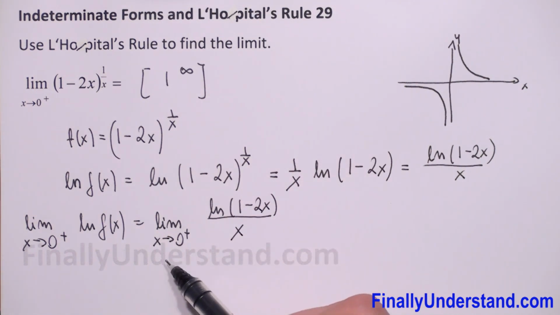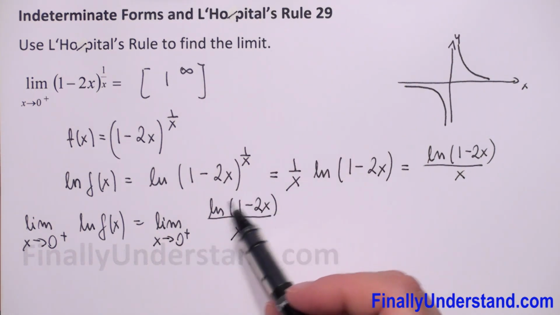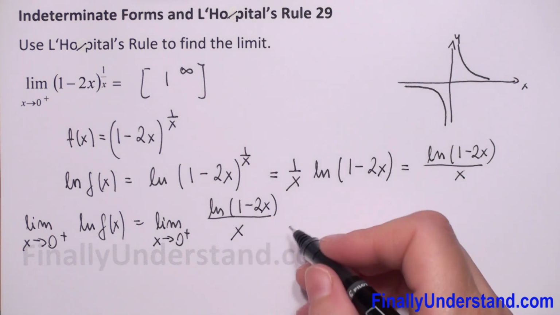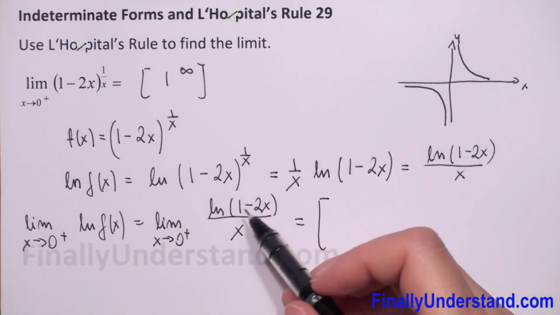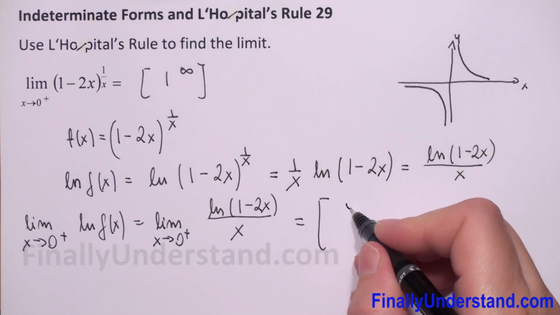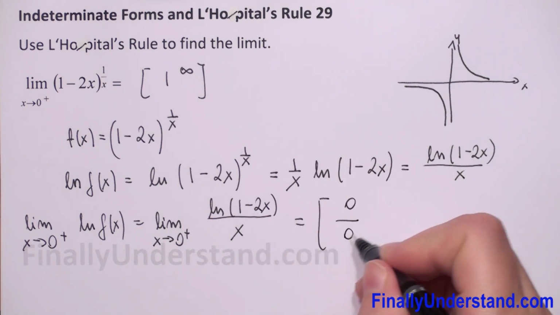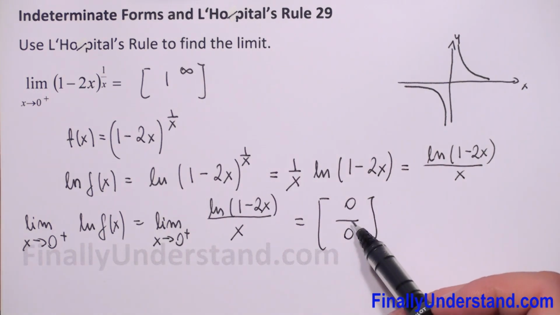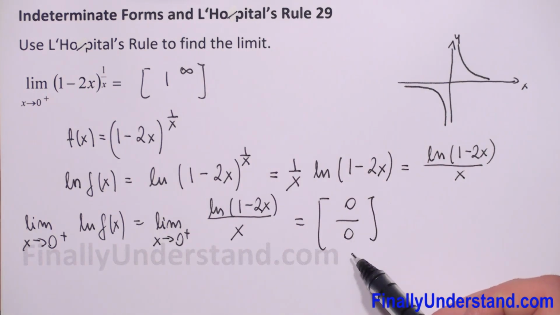Now, when we substitute x by 0, we will have in the numerator natural logarithm of 1 minus 0, which is 1, and natural logarithm of 1 is 0. And we have over 0. So when we have 0 over 0, we can use L'Hopital's rule.